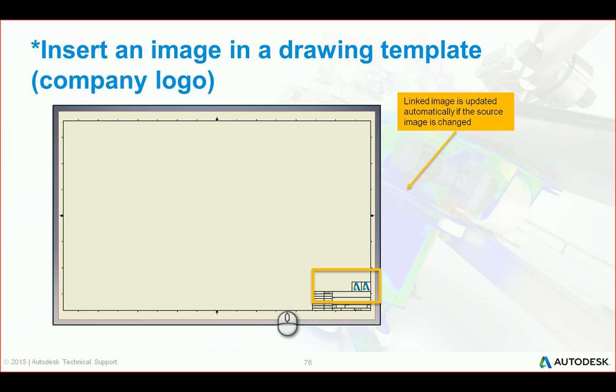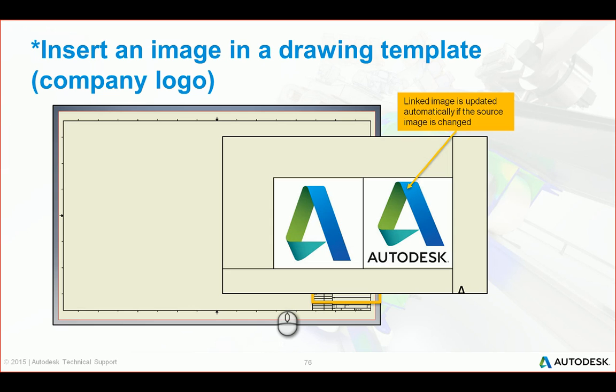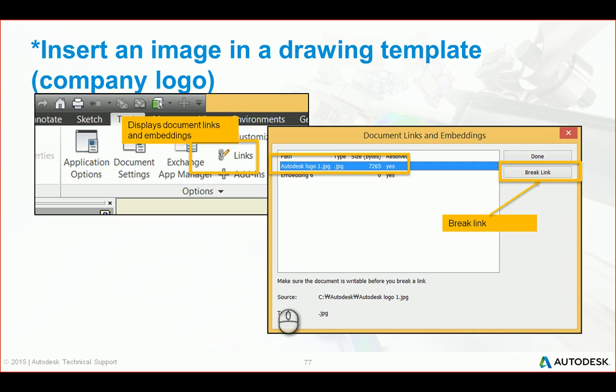You come through, you change one of them, it's automatically updated when it's linked. After the fact, you can break these links, and you'll notice that there are instances where Inventor's telling you that you have linked files and you're not understanding where you may have old embedded logos that the links need to be broken to.